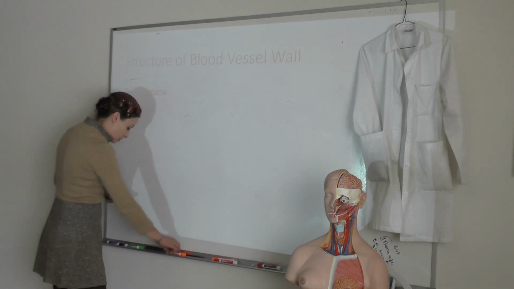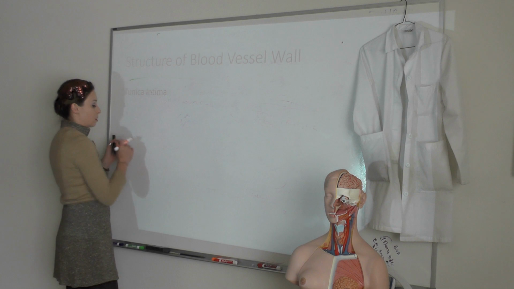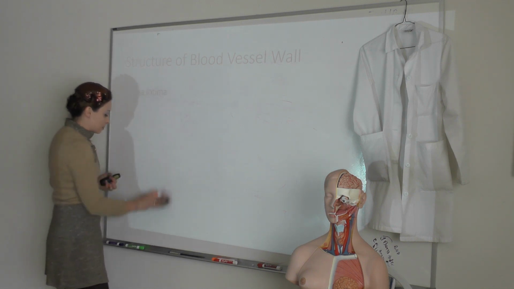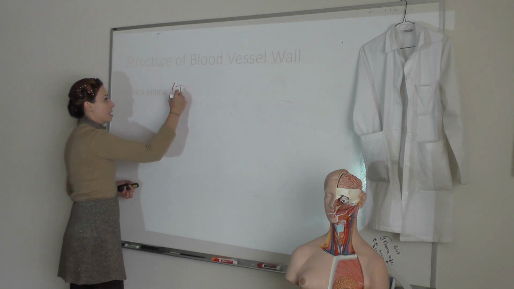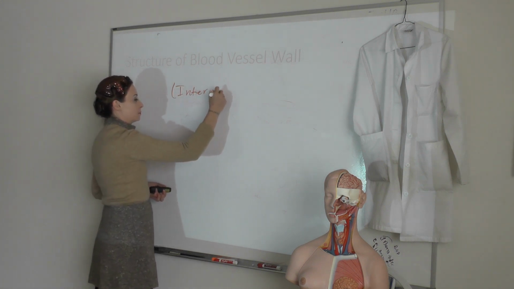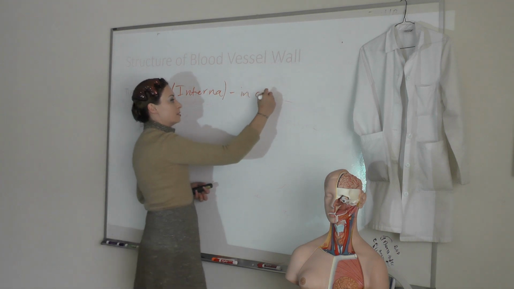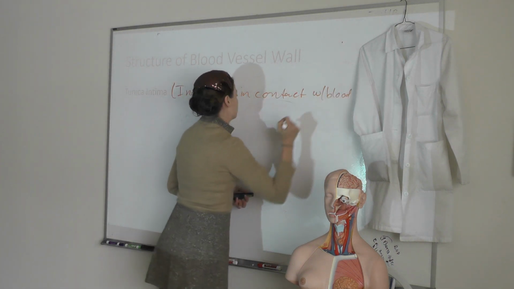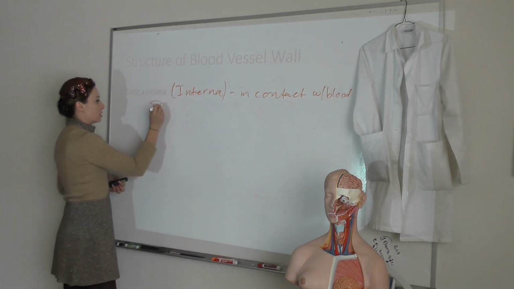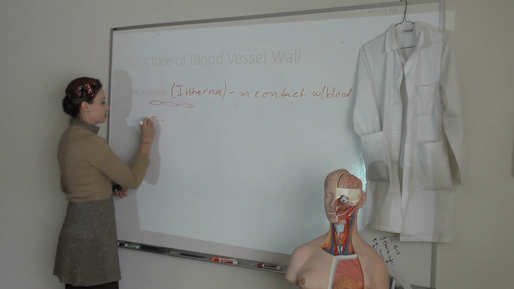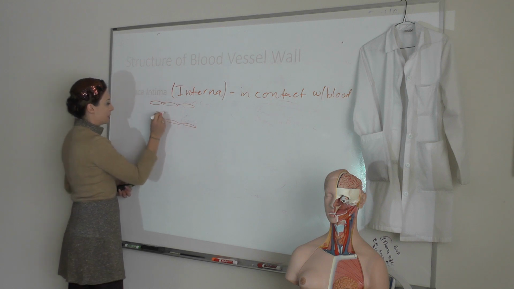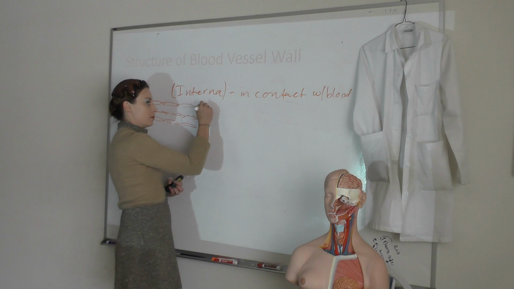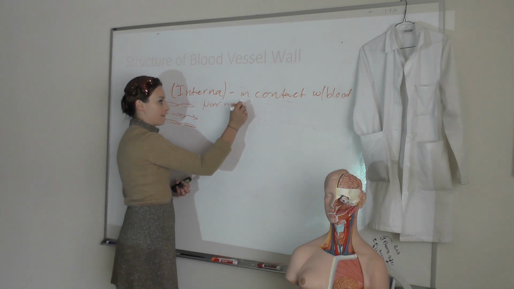So the innermost layer of the blood vessel wall that is in contact with the blood is called the tunica intima, or the tunica interna. Under normal conditions, this should actually repel blood cells and platelets so that we can have blood flow.